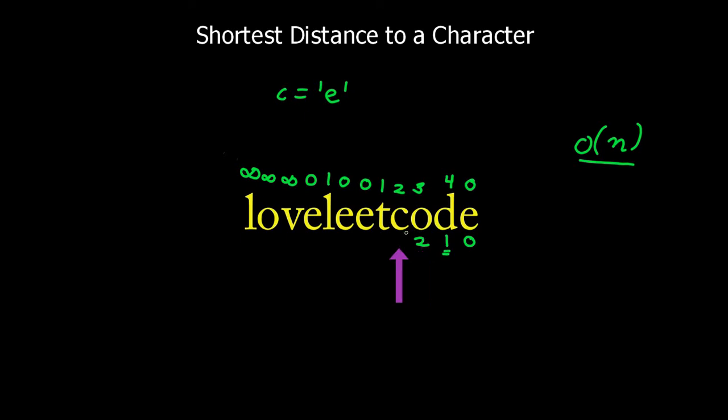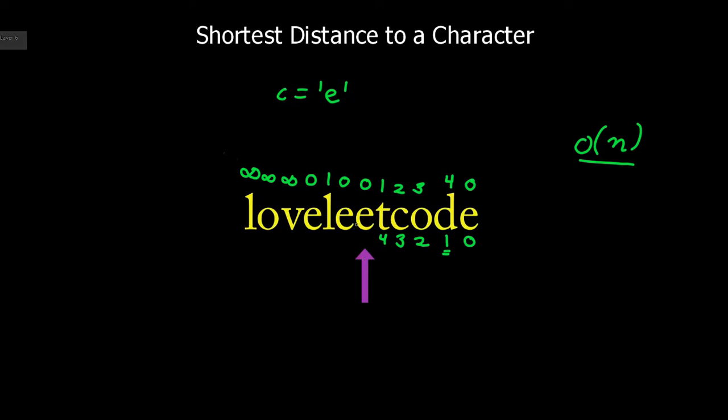Again I move to the left, and this time I see a C, and from the right it is 2 plus 1, that is 3 unit distance away. On the left we can see that it is 2 character distance away, therefore in our answer we'll pick this 2. And again I'll move to the left. Again I see that T is 4 distance away from the right and 1 distance away from the left, therefore the answer will be 1 for this index.